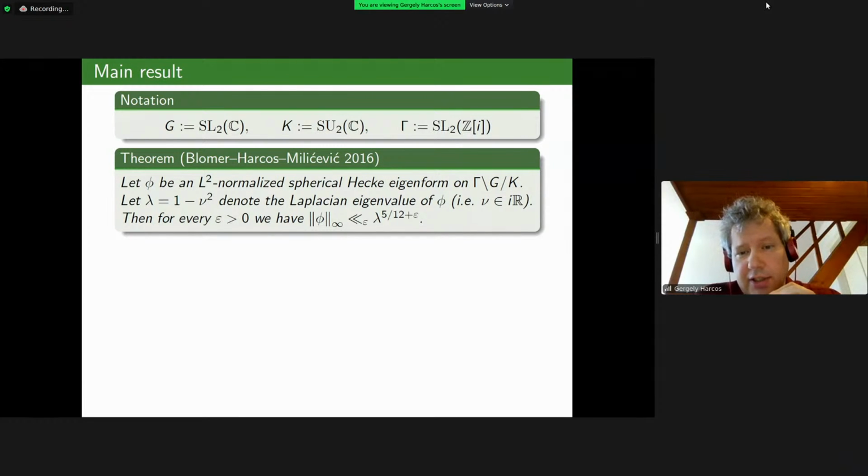In that case, lambda to the 5 over 24 is what they achieved, and this result hasn't been improved since. So 5 over 24 and 5 over 12 here are very precise for the method we had.